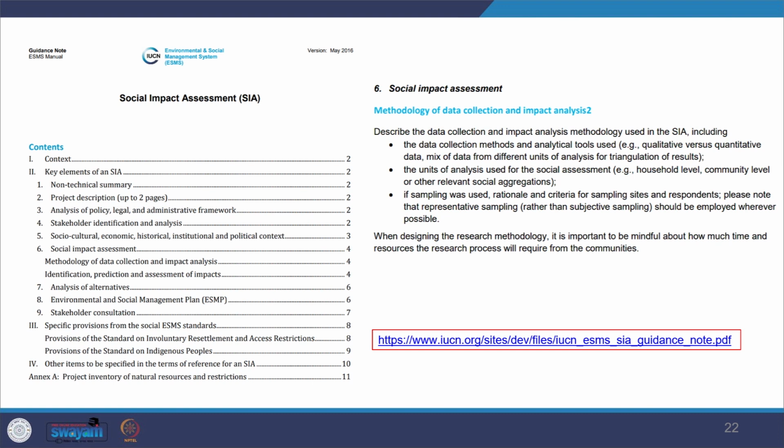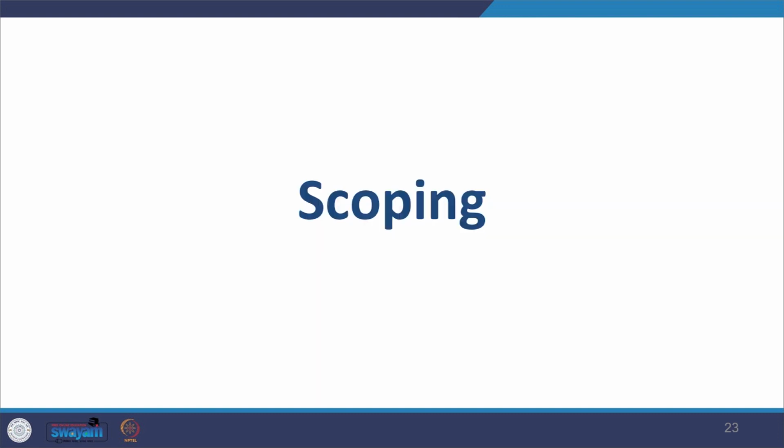There is a completely distinct domain where you can look at how these social aspects are reviewed and how the analysis is done. That's a very well established domain. Then we are going to focus a little on the environmental impact side, and how we integrate it with that. So that was a brief look at the methodology part.